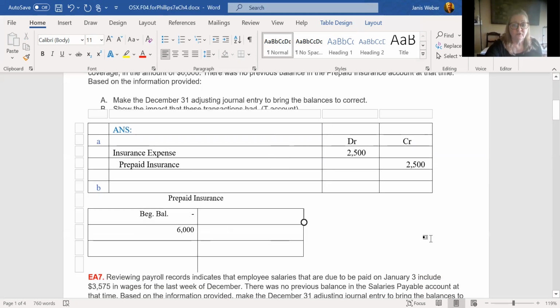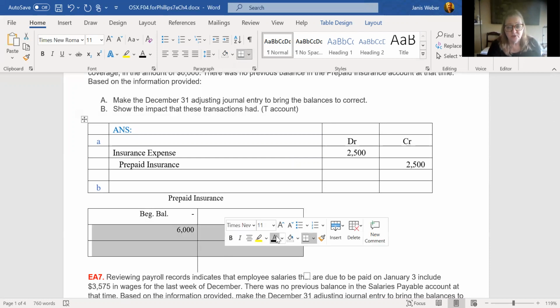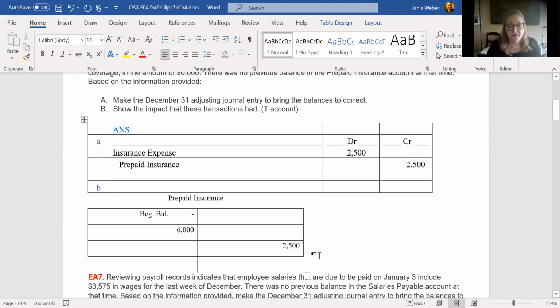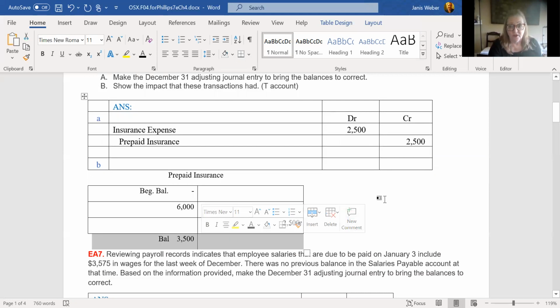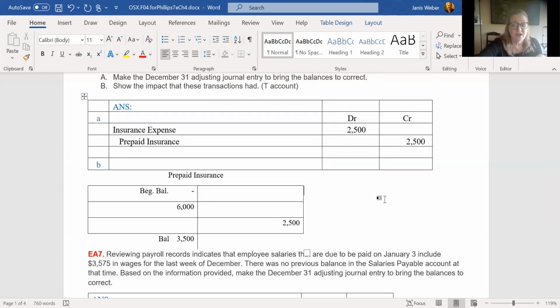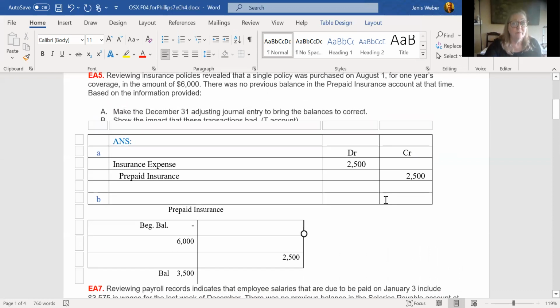We're shifting $2,500 of the cost from prepaid insurance over to insurance expense. When we post that to our T account for prepaid insurance, that leaves us with unexpired prepaid insurance of the remaining $3,500. That means there's 7 months left, January through July, that's not expired yet and should still remain in prepaid insurance. That makes sense, doesn't it?